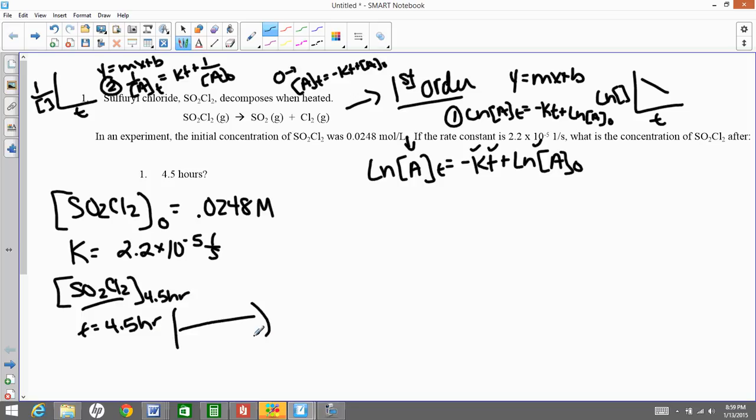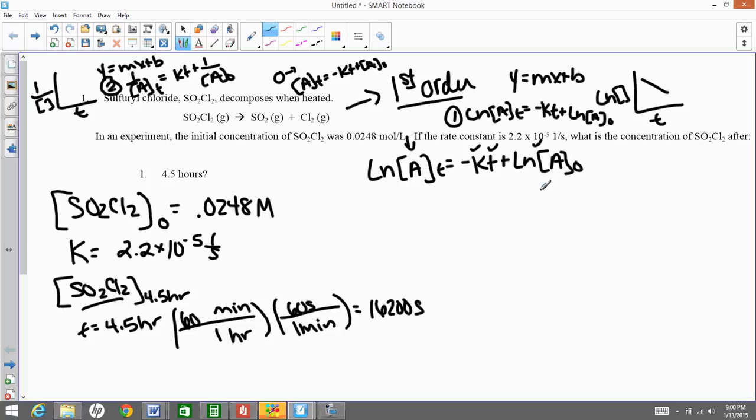So I'm going to want to get rid of my hours. I know 1 hour is 60 minutes, and 1 minute is 60 seconds. I ultimately want to convert to seconds. So I'm going to plug this into my calculator, and I get 16,200 seconds. Now I have enough information to plug in.